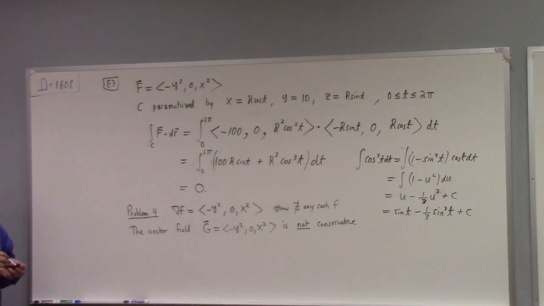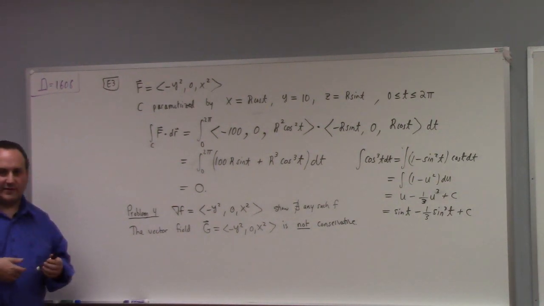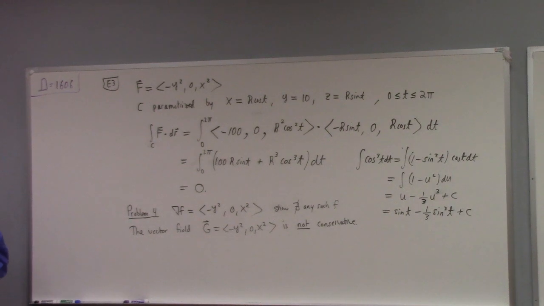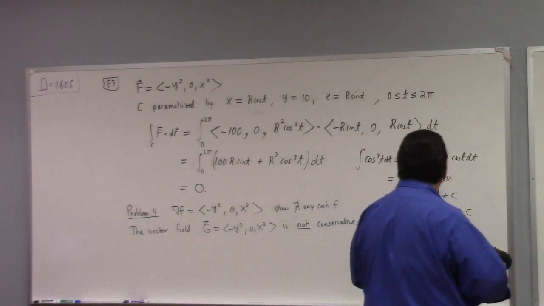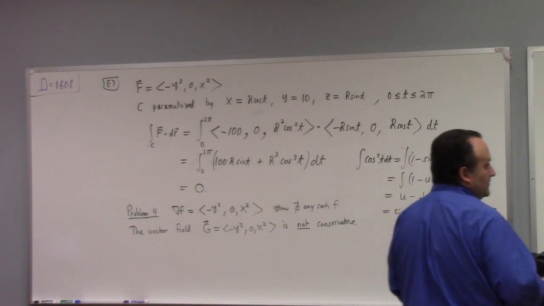The theorem we're going to learn is that if you have a conservative vector field, it is impossible for it to integrate around a circle to give non-zero. Are there other circles around which this would integrate to non-zero? Probably.